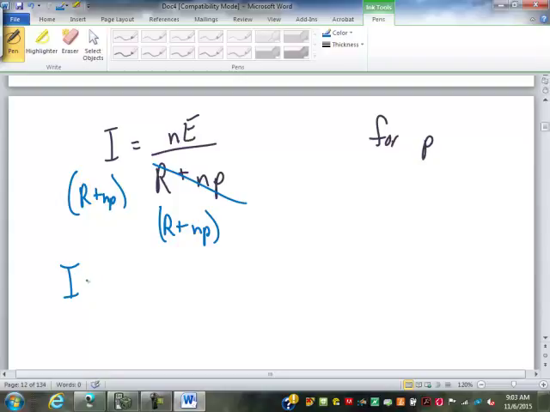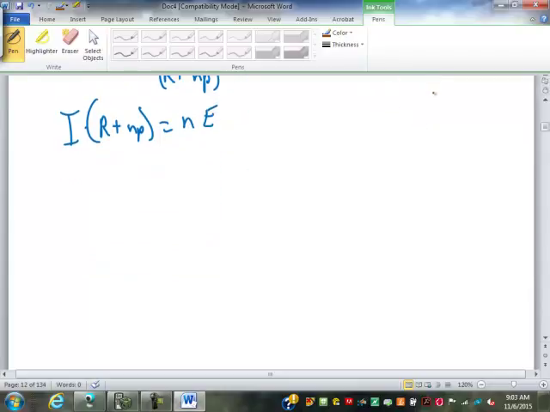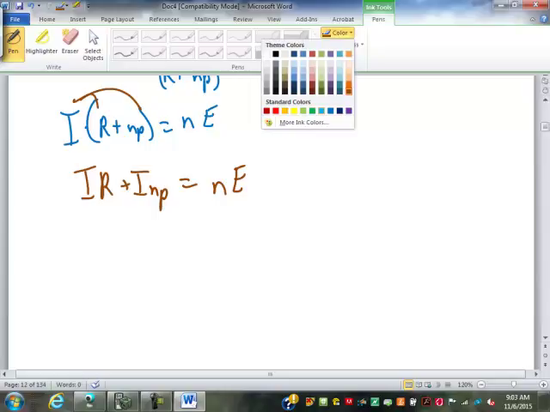So over here I now have I times R plus NP equals N over E. And now I'm going to have to multiply by the I. So this is IR plus INP. I could have divided by I, but that makes it a little bit more complicated if I do that.